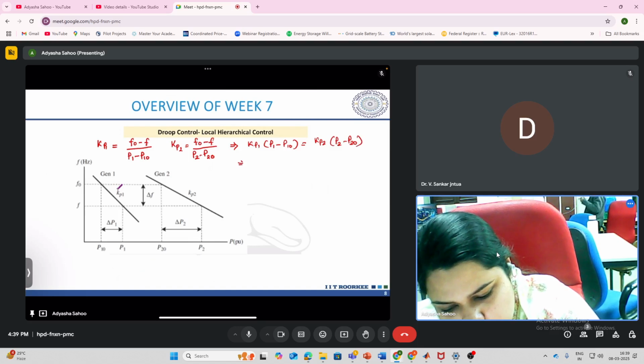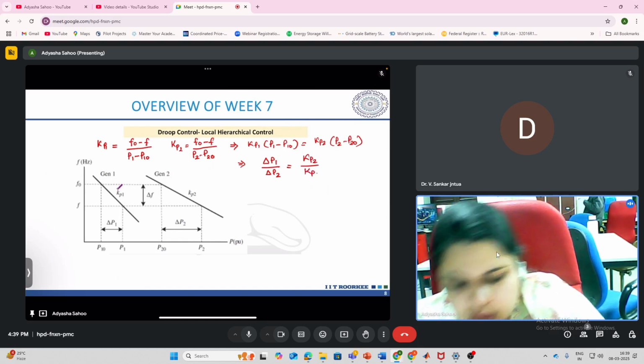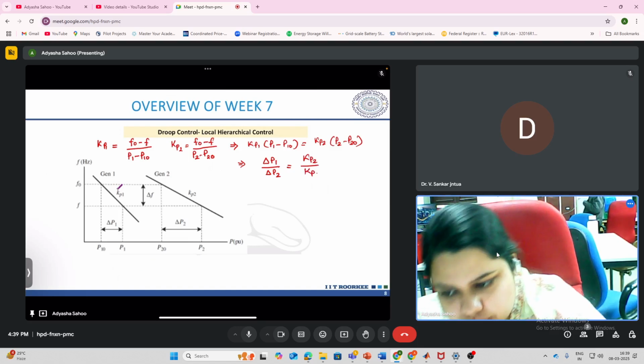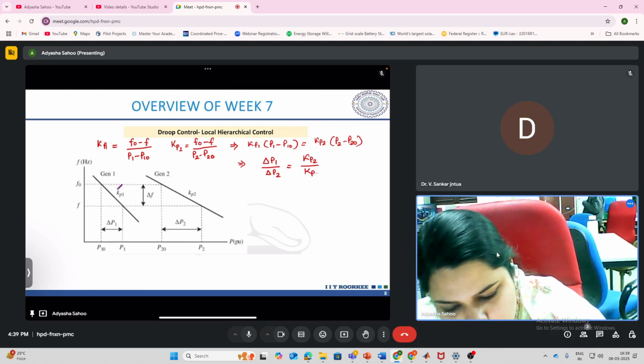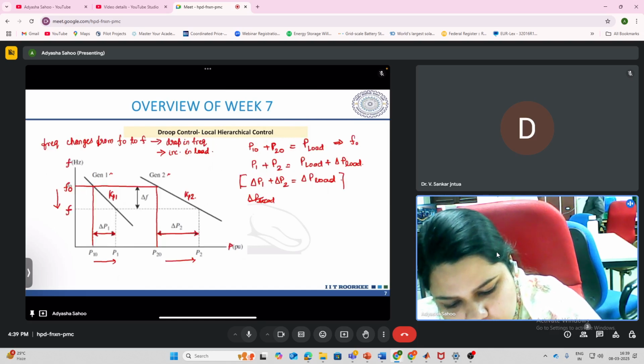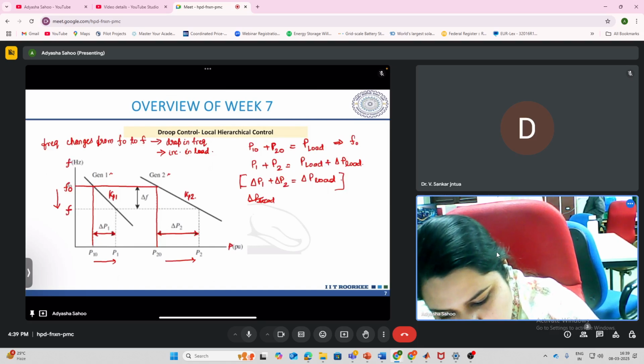From here, P1 minus P1 naught is nothing but delta P1. So delta P1 by delta P2 is Kp2 by Kp1. And from this condition, we have delta P1 plus delta P2 is P load.